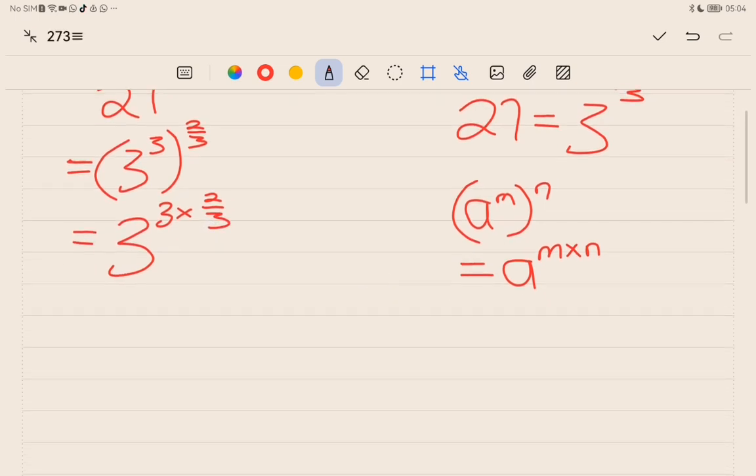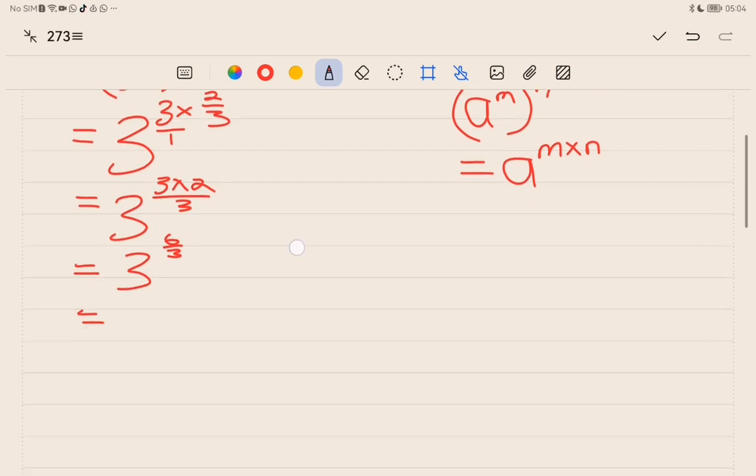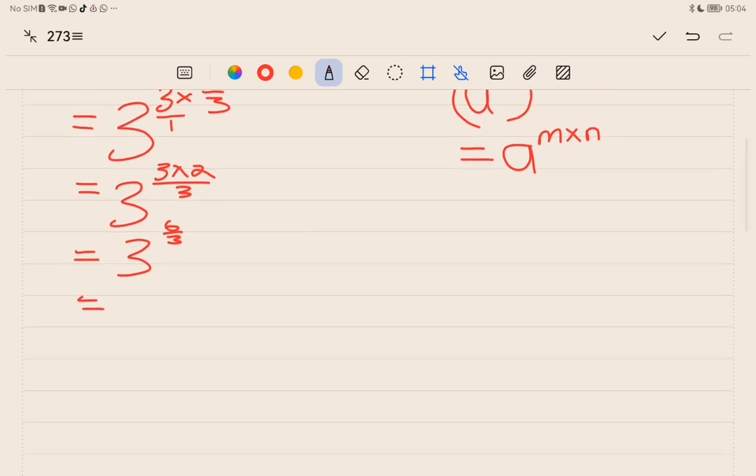Then you can do it in many ways. Let's say 3 multiplied by 2 over 3. Then 3 times 2, it is 6 over 3. Then 6 over 3, it is 2.